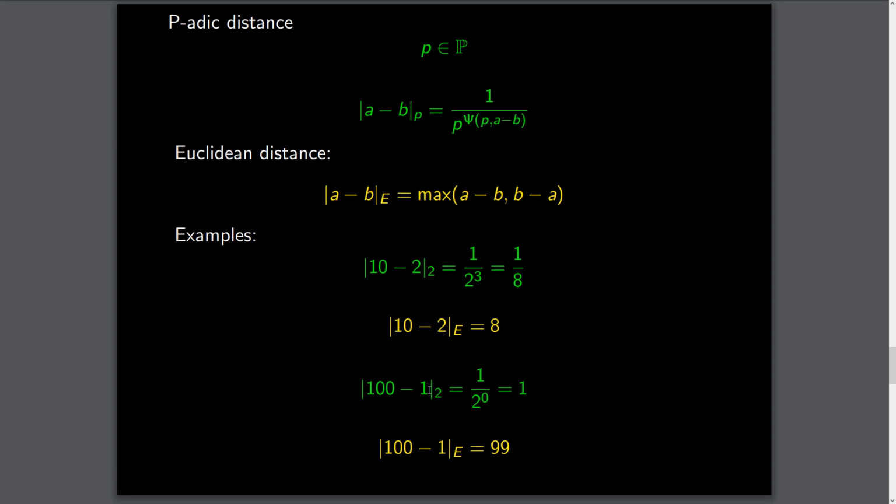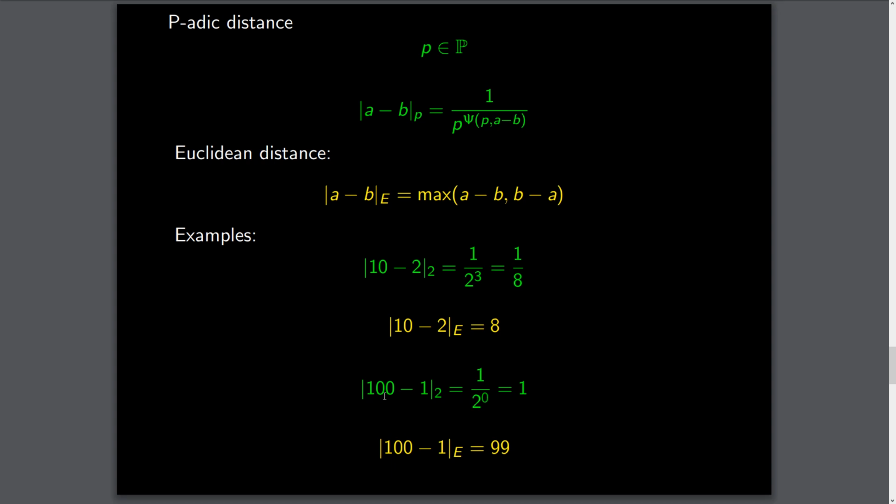Now let's look at another example, 101 and 2. The Euclidean distance is obviously going to be 99. But to calculate the two-adic distance, we have to consider how the prime factorization of 99 will look, and what would be the exponent of 2 in that prime factorization. Now, 2 does not divide 99, therefore this exponent will be 0.